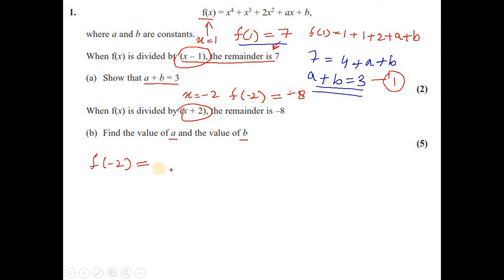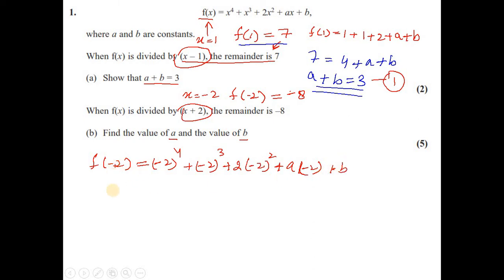So you have minus 2 to the power 4, plus minus 2 to the power 3, plus 2 times minus 2 squared, plus a times minus 2, plus b.